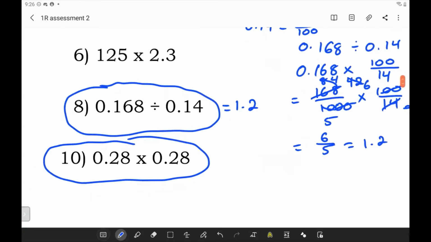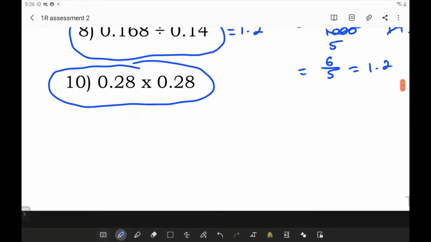All right. And finally, this is like 28 by 28, just ignoring the decimal points. So now remember that we have 4 decimal places. So we start by multiplying by the tens column first. 2 by 8 is 16. 2 2s are 4 and 1 is 5. 8 8s are 64. 8 2s are 16 and 4.